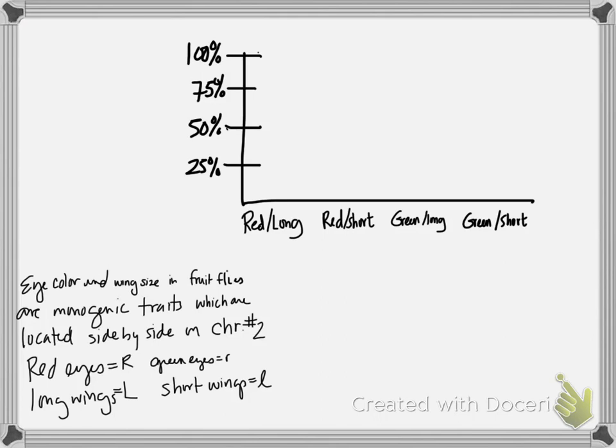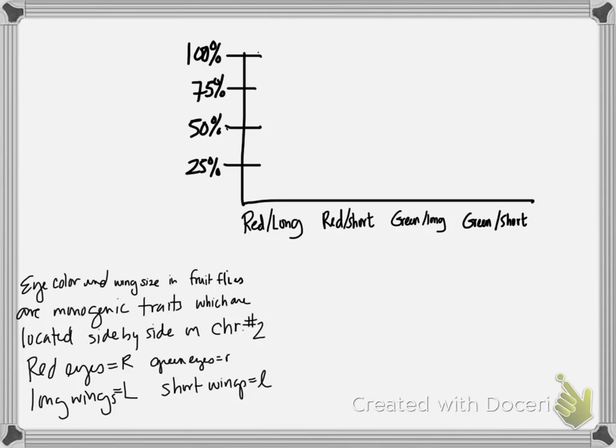Okay. You put in bars for what you feel would be appropriate. So if it was 9 to 3 to 3 to 1, what would it be? Like 56, 20, 20, and 13, I think. That's what we figured out.